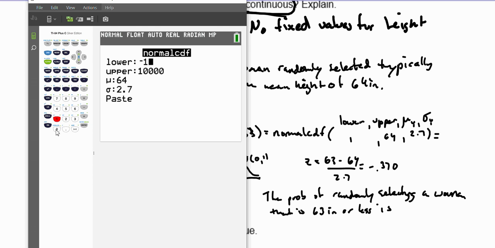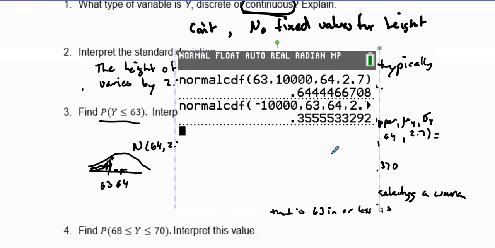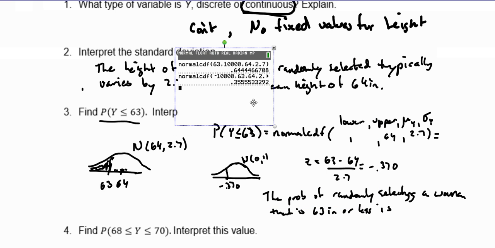Let's go negative 1,000. We won't have our negative height. All right, negative 10,000. This one's going to be 63. And then we'll just keep on going down right here and find out what it's going to be. All right, now we finally found our answer right there. Sorry about that.